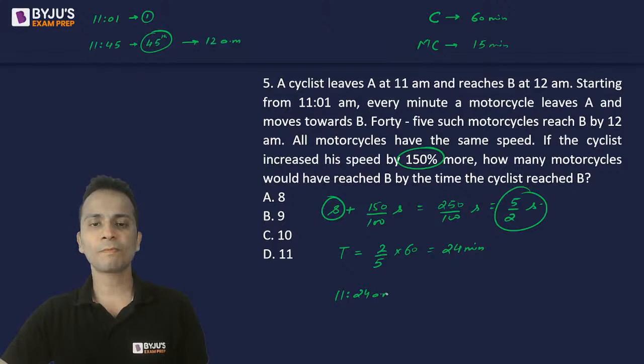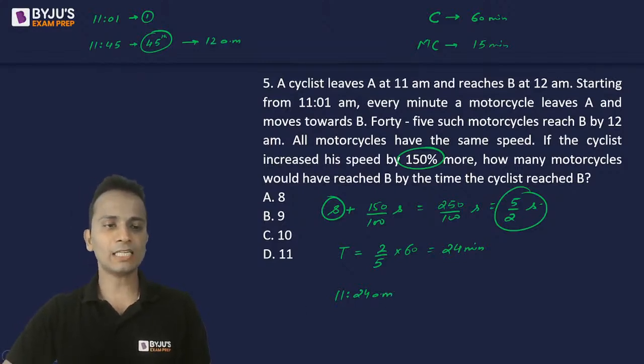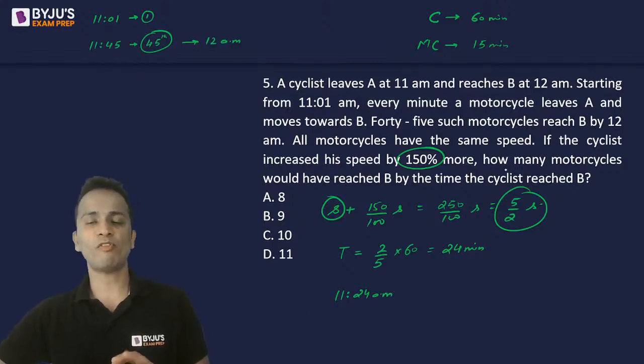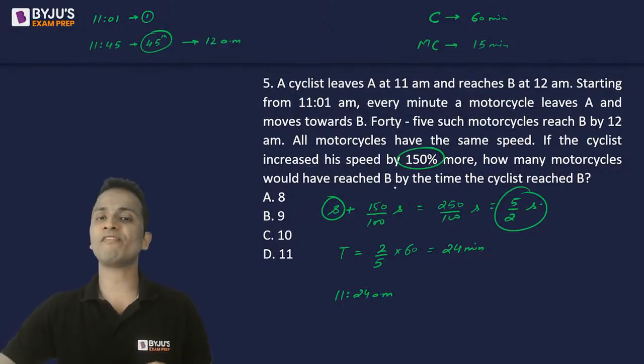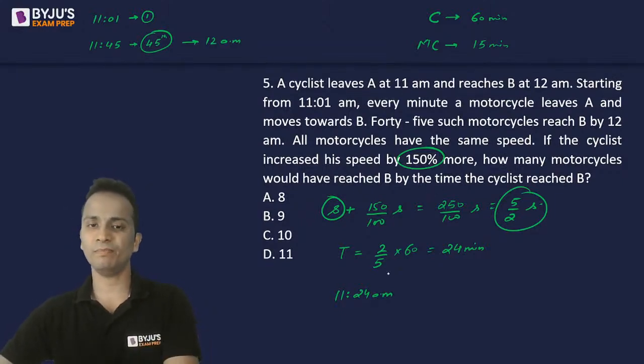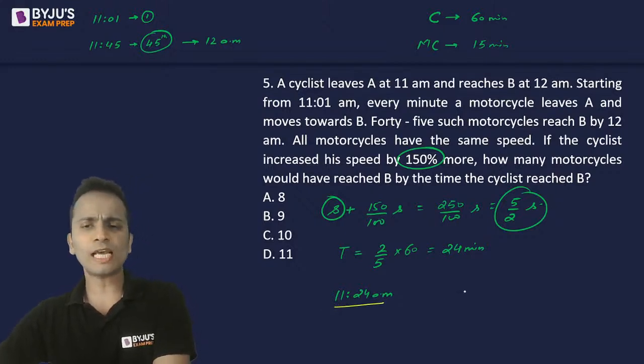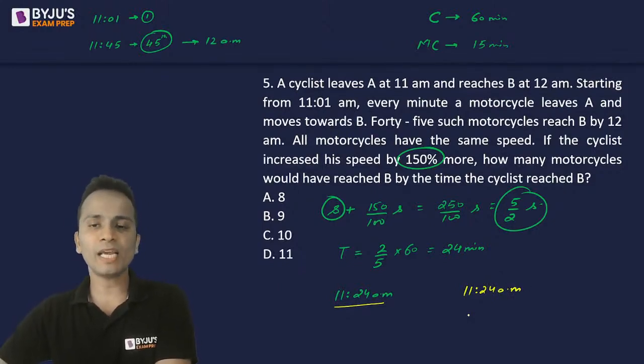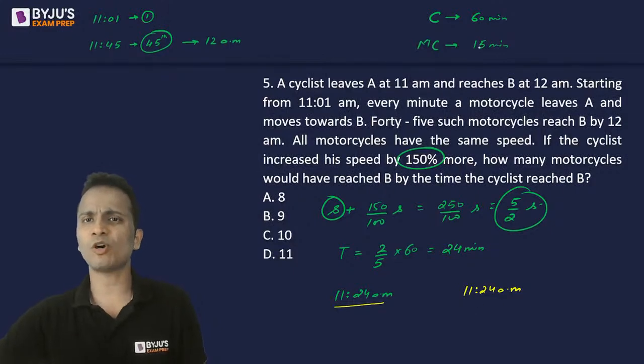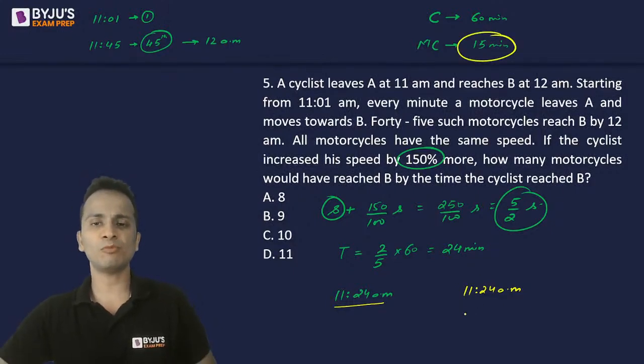Right. So the cyclist will reach point B at 11:24 a.m. Okay. So what we need to find out is how many motorcycles would have reached point B by this time. So we'll have to find out how many motorcycles have reached by 11:24. So the motorcycle that will reach point B at 11:24 a.m. will leave point A 15 minutes before that, because 15 minutes is the time taken by a motorcyclist.